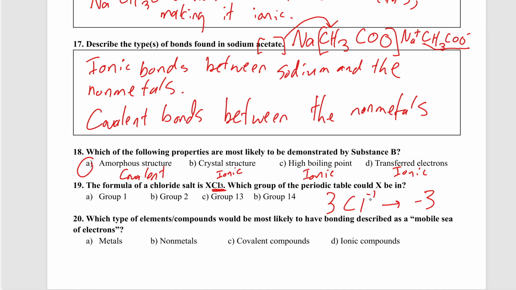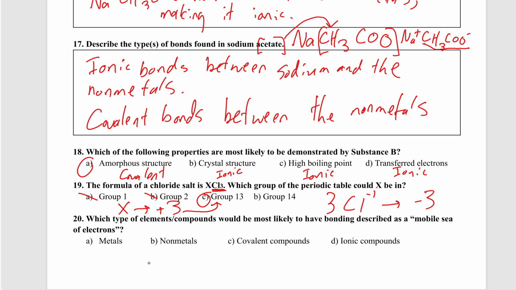So X, to pair up with that, needs to be a +3 charge. So group 1 is +1, so no. Group 2 is +2, no. Group 13 has aluminum in it, right? And we know aluminum can be a +3. So yes, this is a group 13 metal because it needs to have a +3 charge.